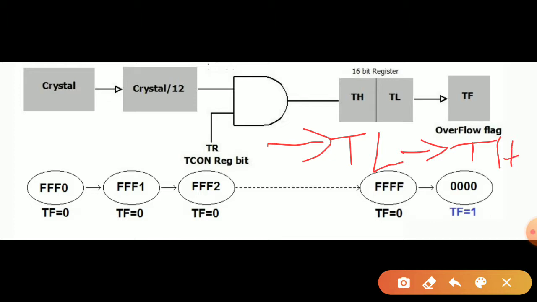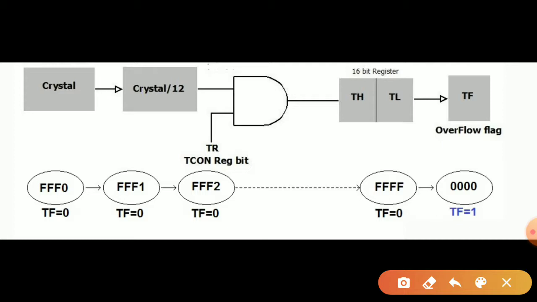When TH overflows, then we say that the 16-bit register counting is overflown, and this overflow will create a high bit on the timer flag, that is, TF will be set as 1. The same is given as the example.